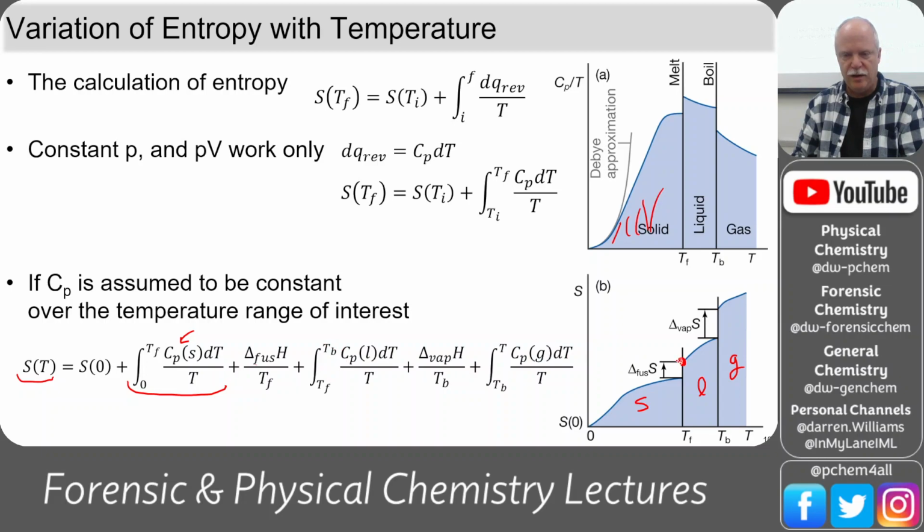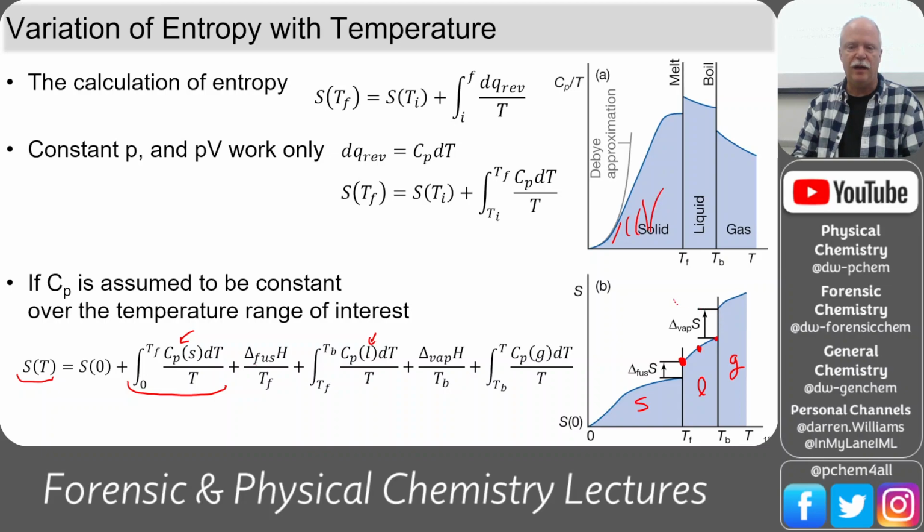So if you're right here at the beginning of the liquid state at its melting point, then you would stop right there. Let's say you were somewhere in between. If you were right here, then you would have to integrate again that Cp for the liquid, notice it's a different number because it's the liquid, divided by temperature, from T fusion, the melting point, up to whatever temperature you are. If you're past the boiling point, you would go all the way to the boiling point, and you would calculate it to here.